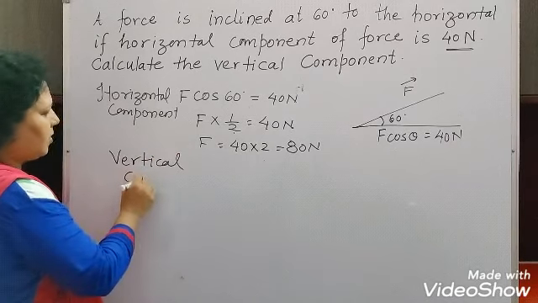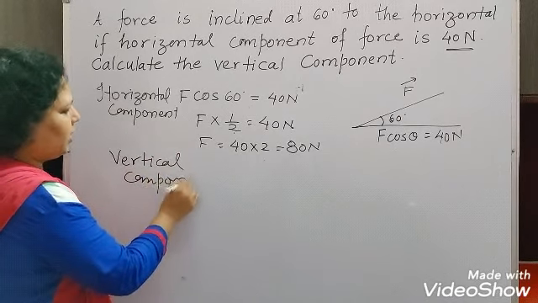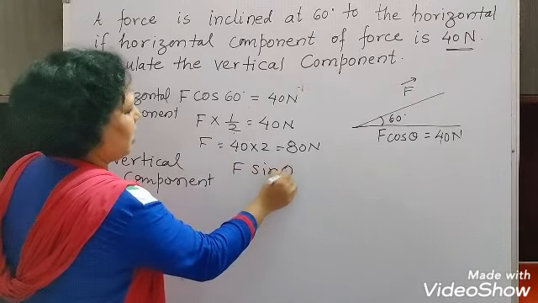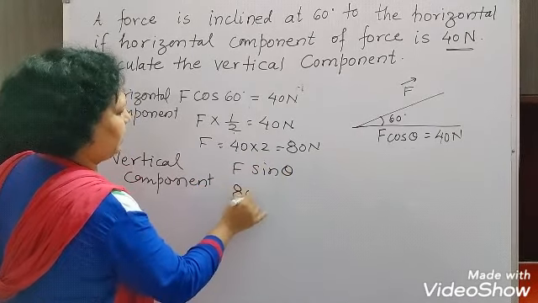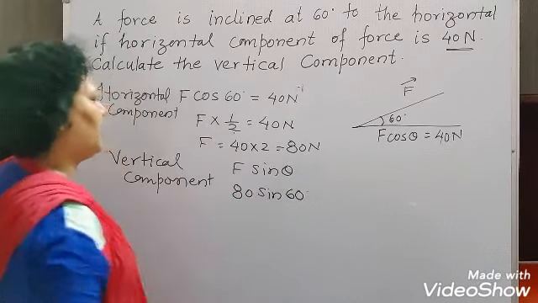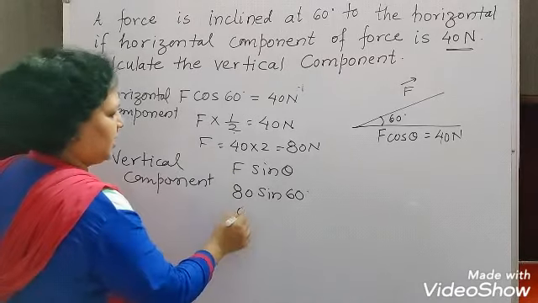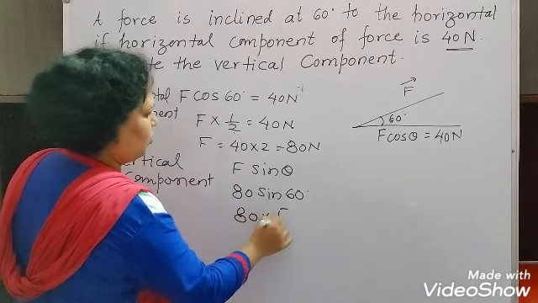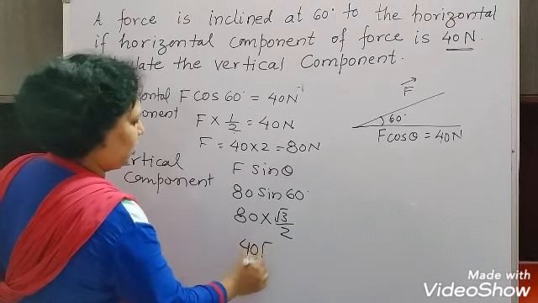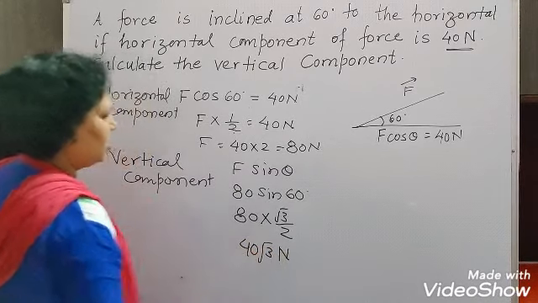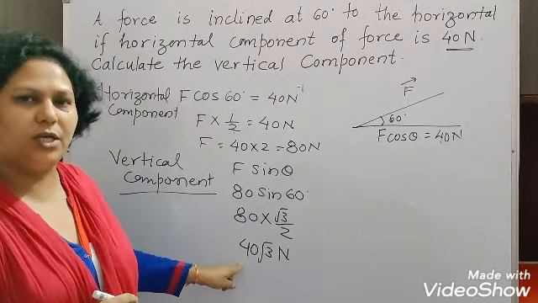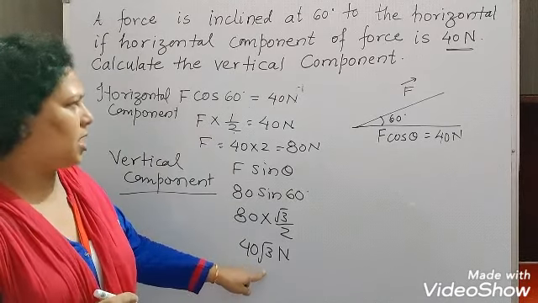The vertical component is equal to F sin theta, where F is 80 and theta is 60 degrees. Sin 60 is root 3 upon 2. That means this is 40 root 3 Newton. So the vertical component is equal to 40 root 3 Newton.